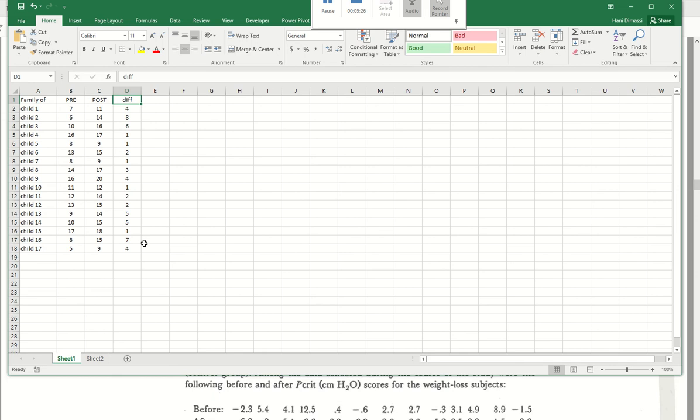If you notice, what happened really is that we started out with 2 measurements for every family, for every unit, and because these 2 measurements belong to the same person, we were able to calculate a difference, and hence we now have only one set of values representing the 17 families.